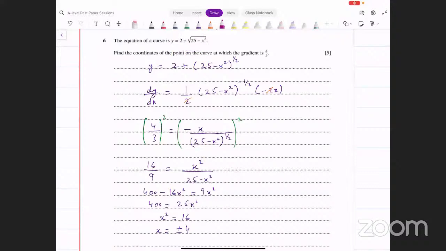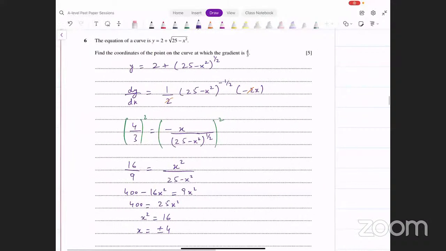What about the derivative? If we input a value of x here, let's say x equals 4, what do we get? We get -4 divided by 25 minus 16 whole raised to power 1 over 2.